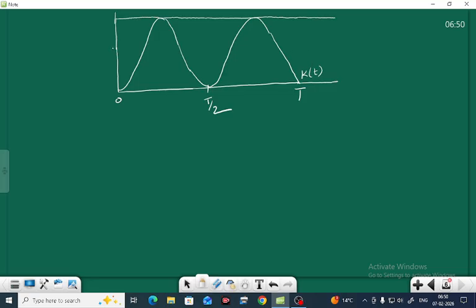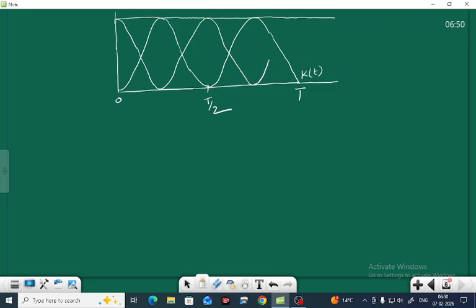And if we find the potential energy, then we get the potential energy here like this. This is the potential energy, and potential energy is also dependent on time.